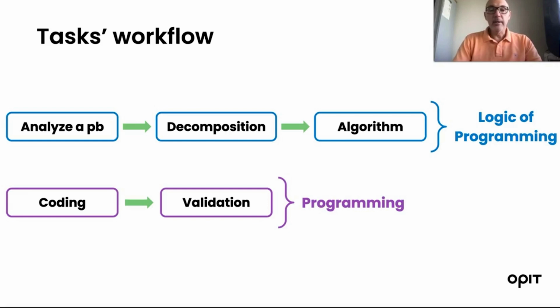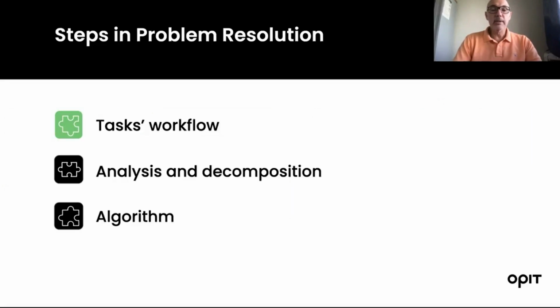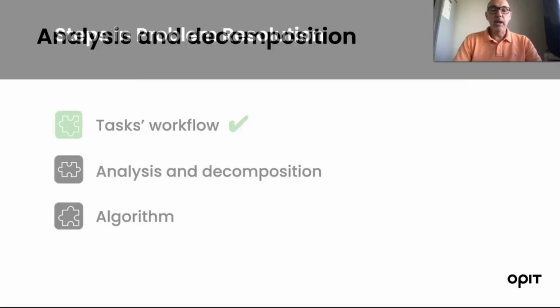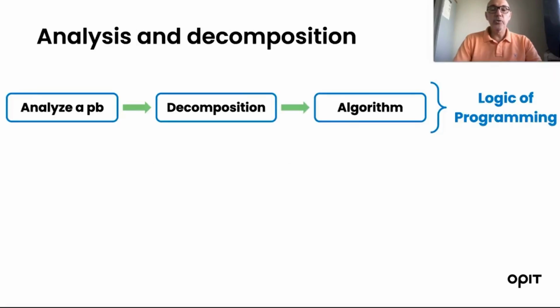As you can see, the workflow is decomposed into 5 steps. 3 of them concern the logic of programming and 2 of them concern the programming side. Let's start with the analysis and decomposition now, which are the 2 first steps or tasks.